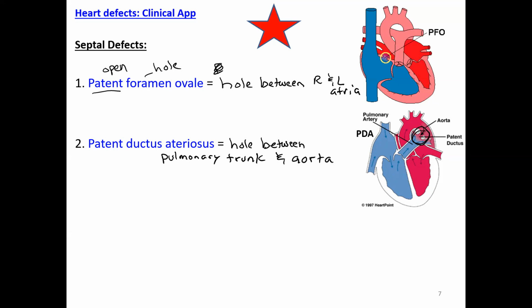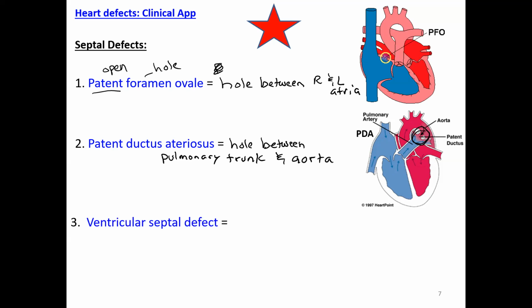And again, it produces the same problem. You have blood in the pulmonary trunk that was on its way to the lungs, but it's still oxygen poor, and it mixes with the aorta, where it has oxygen-rich blood. Some low oxygen blood is diluting that. Now the brain and the heart, with every cardiac cycle, are getting pulses of lower oxygen blood, and that's a problem. And the last one is ventricular septal defect.